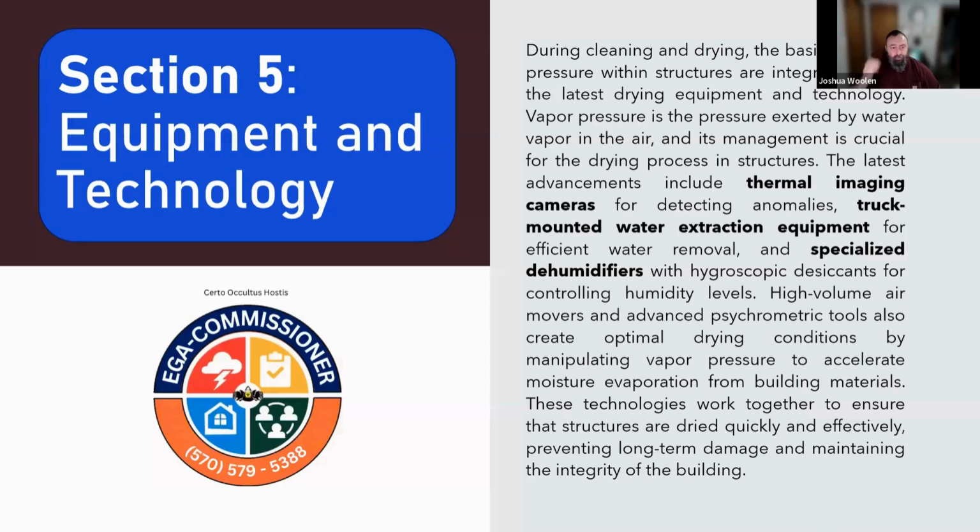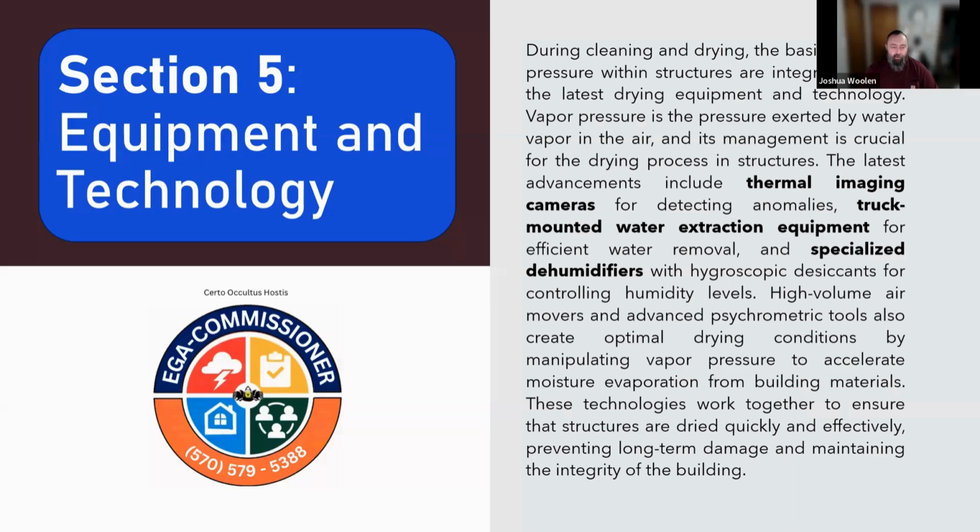The basics of vapor pressure are essential for structural drying. And you notice that during our advanced structural drying, we talked about vapor pressure, right? And there's a lot of great equipment out there that can help us. Obviously, our moisture meters are the primary factors, right? Manometers and thermometers are all great tools for this work.